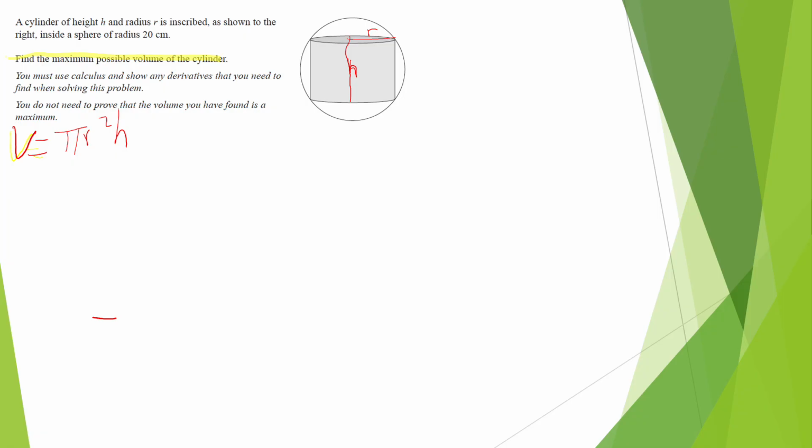The other piece of information given to us is that the cylinder is inside a sphere with a radius of 20. So from the center here to the bottom is 20. Okay, 20, not 26. From the center to any side of the sphere is 20.